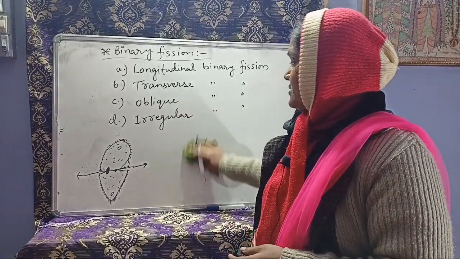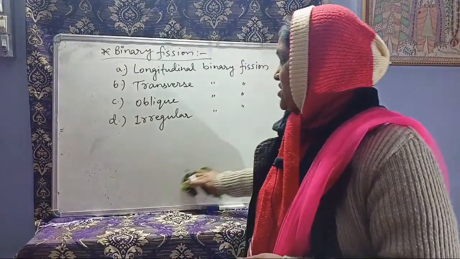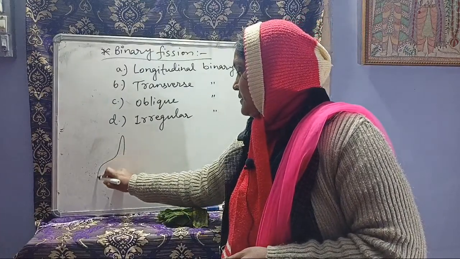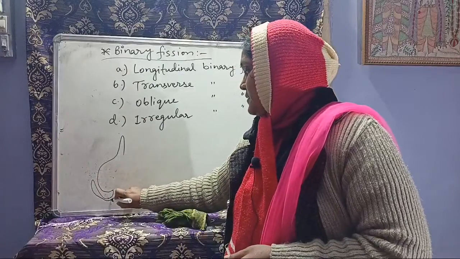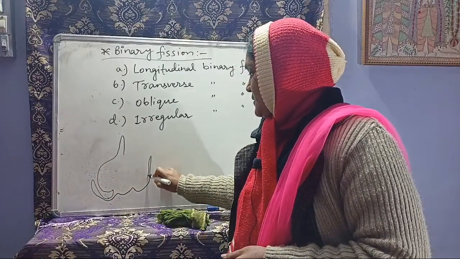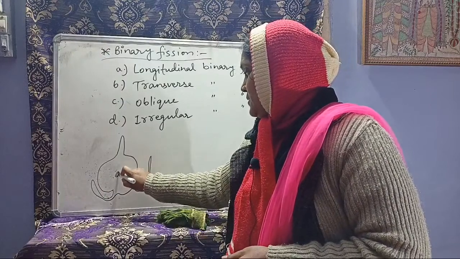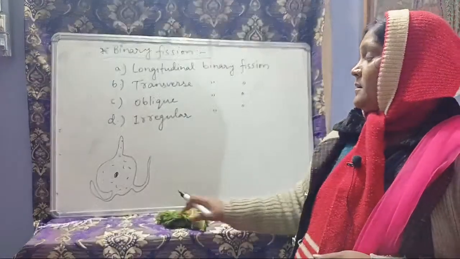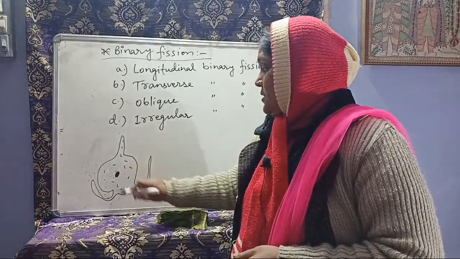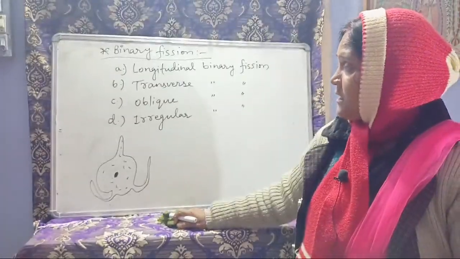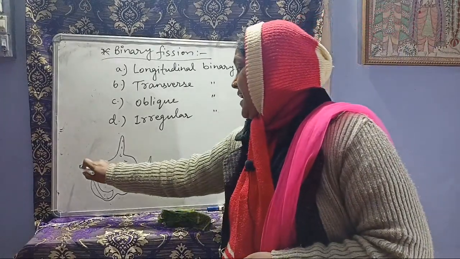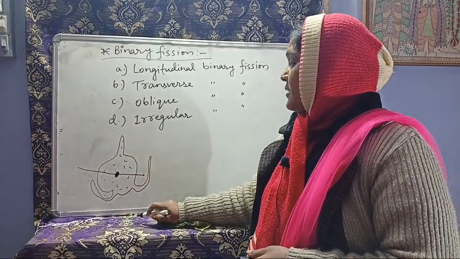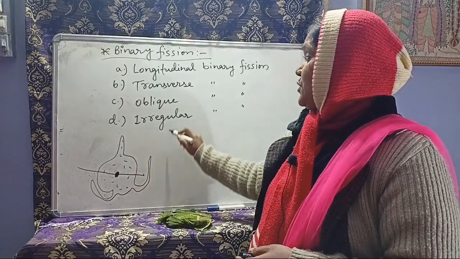Oblique binary fission, number C. Serratium is a unicellular organism, and it divides through an oblique axis to produce two daughters.